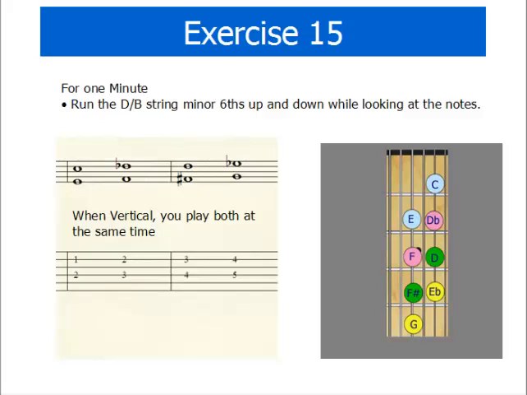Here's a unison. Here's a minor second. Okay, so these are the minor sixths. Get it in your head. And remember, go back and get the major 6 as well.